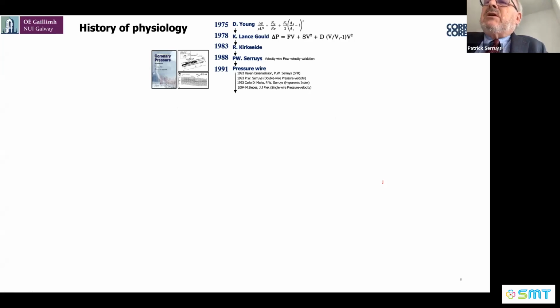In 1988, I got my hand on the velocity wire and started to do some flow velocity validation. In 91, a Swedish cardiologist, because the pressure wire was initially from a Swedish company, Radi, joined us in the Thorax Center, and then we did a lot of work creating the stenotic flow reserve concept.